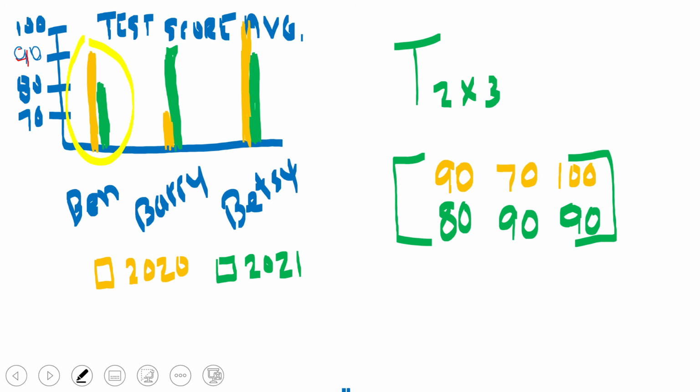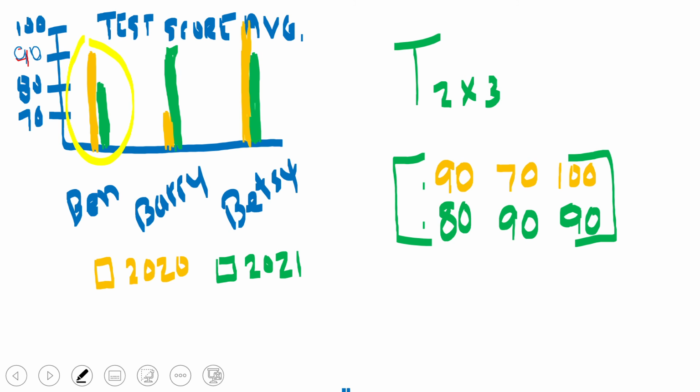So the rows represent what years those test scores happened. What were the actual test scores? That's the actual elements. And the columns represent the students. So as we can see, we built this matrix because Ben had a 90 and an 80.